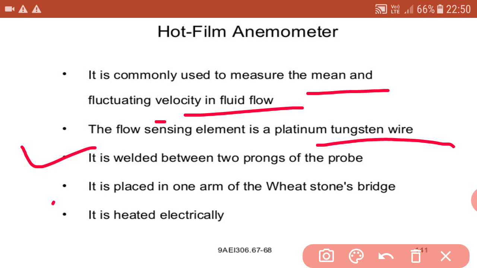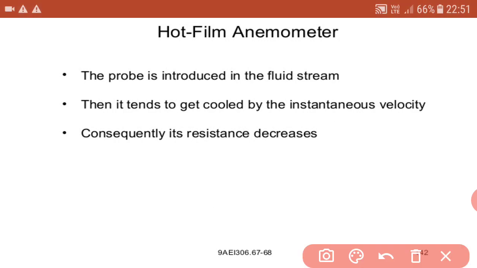It is placed in one arm of the Wheatstone bridge, just like we have already seen for the hot wire anemometer. So in this case also it is placed in one arm of the Wheatstone bridge, and it is heated electrically. Heat is generated by using electricity, so it is known as heated electrically. The probe is introduced in the fluid system.